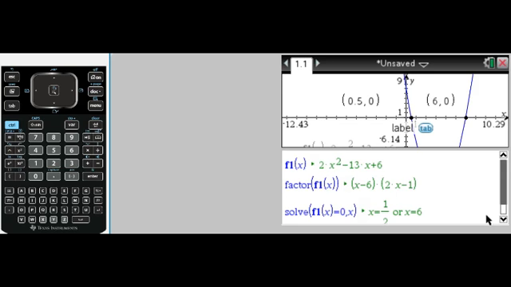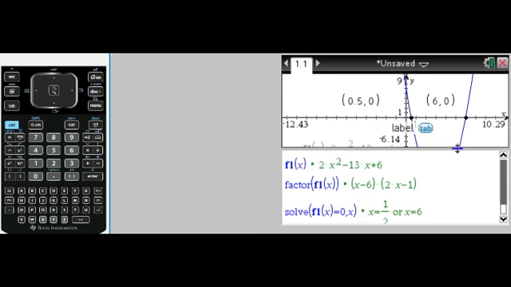Obviously if we solve for x, if we say 2x minus 1 equals 0, then we get 1/2. But again, I just wanted them to see that this is a very useful tool. It helps them find out what those roots are going to be. It helps reinforce what a root means, that it's the x value that results in it being 0.